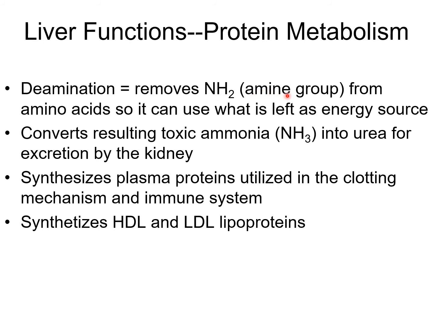The ammonia needs to be turned into urea, and urea is removed through our kidneys, a major component in our urine. This is how surplus amino groups or ammonia is removed. A large amount of them is turned into urea. This conversion of ammonia to urea is happening in the liver.